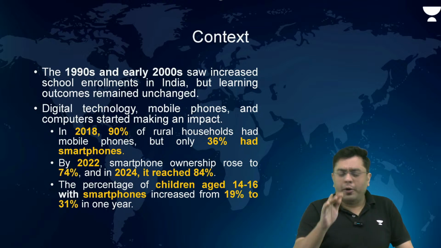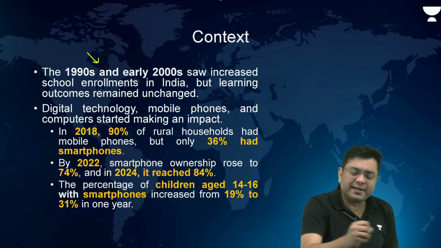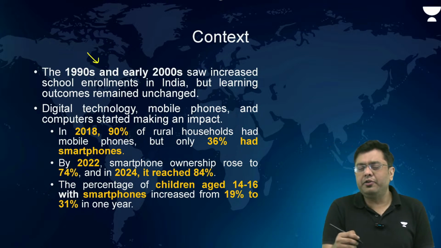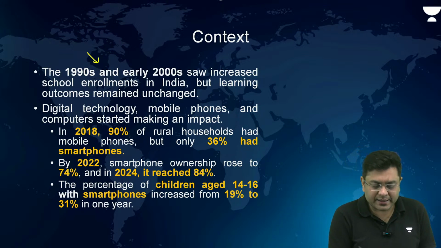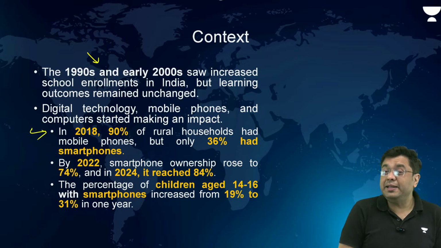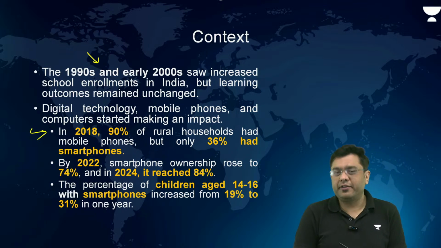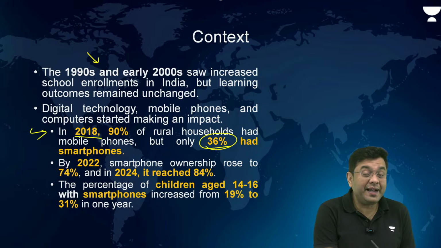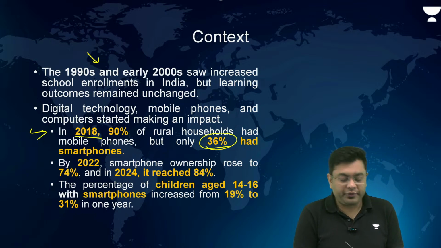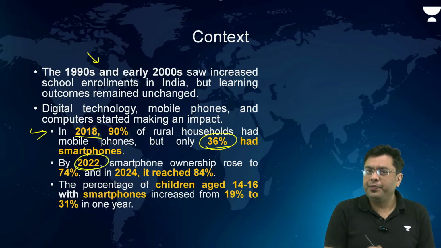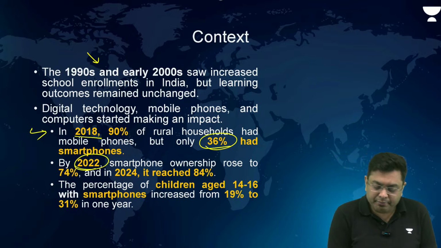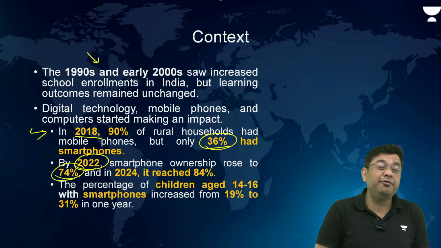Here, if you observe, the 1990s and early 2000s saw an increase, but the learning outcomes stagnated. Now, in 2018, 90% of rural households had mobile phones, but 36% had smartphones. In 2022, within 4 years, smartphone ownership reached 74%.